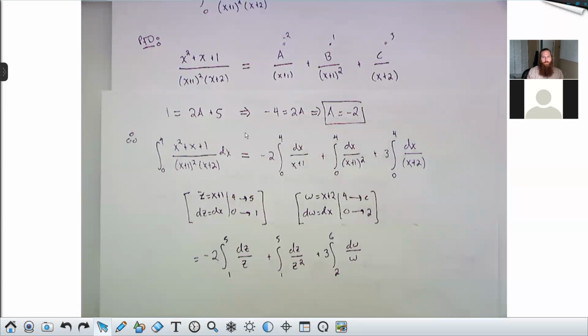You might choose to use a different variable for this and for this, but since I'm making the same substitution in each, I'll go ahead and use the same variable. This guy, I'm using a different substitution, so I have to use a different variable.